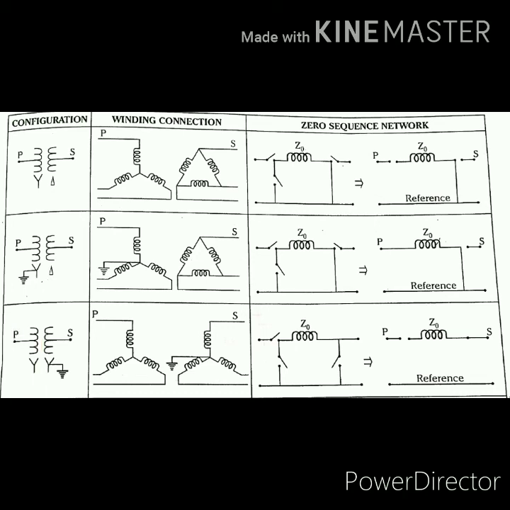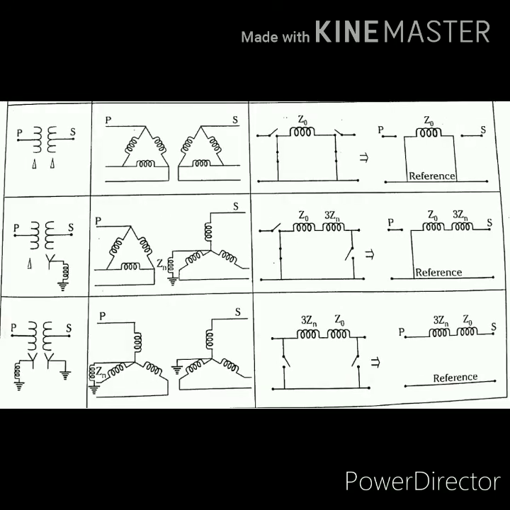Primary side you have star, neutral is not grounded, so the series switch of that side is open. Secondary side is again star connection with its neutral grounded, so series switch of that side is closed and the remaining switches, that are two shunt switches, are open. Remaining you just try to understand.